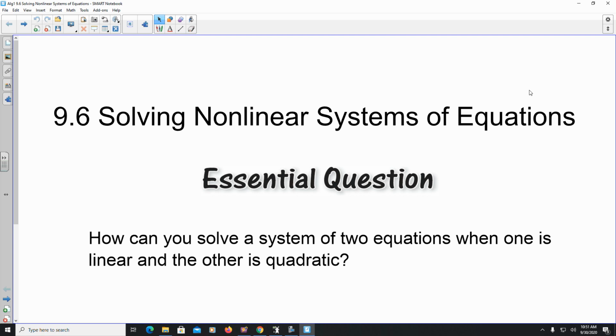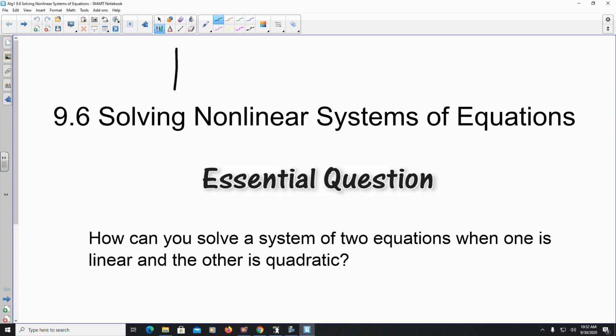We're going to be looking at section 9.6, where we're going to be solving non-linear systems of equations. A linear system, which we talked about in previous math classes, is where you have essentially two lines and they intersect at a single point.